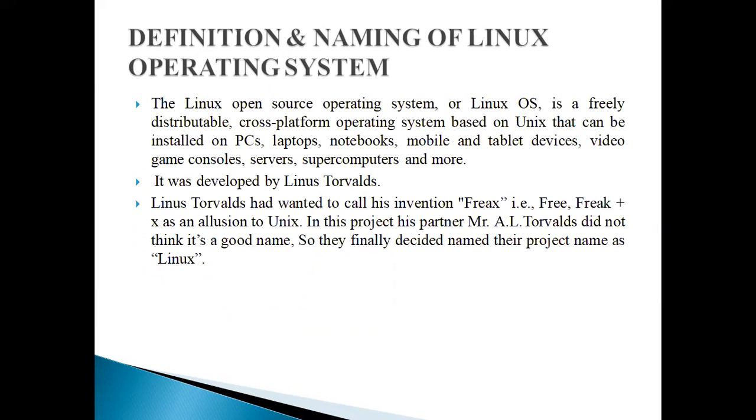Linux is a freely distributable cross-platform operating system based on Unix that can be installed on PCs, laptops, notepads, mobiles, tab devices, etc. It was developed by Linus Torvalds on September 17, 1991. The source code can be modified and distributed to anyone commercially or non-commercially under the GNU, that is General Public License.